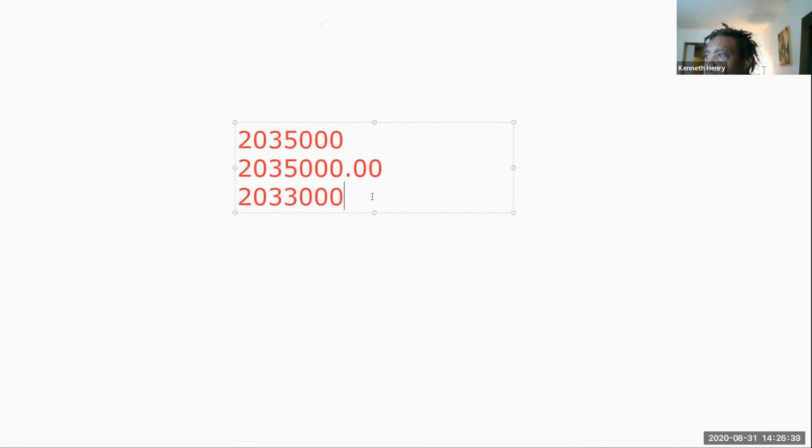So let's say we have this number here, and we want 3 significant figures. We would take these first 3 as my 3 significant figures.